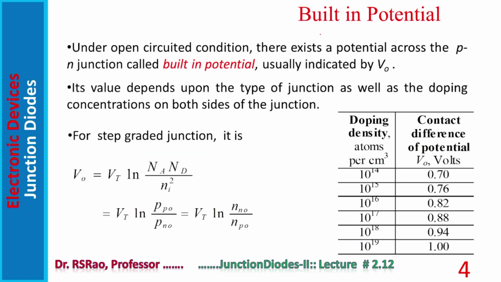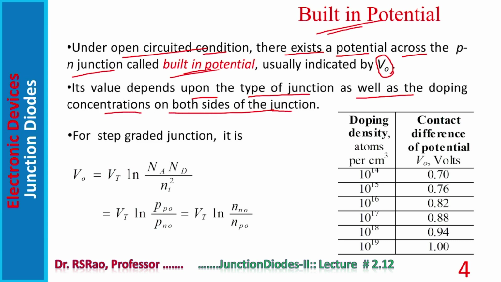A few points regarding built-in potential. Under OC condition, there exists a potential across the PN junction, and this potential is called built-in potential. As already mentioned, it is indicated by V0. Its value depends upon the type of junction as well as the doping concentrations on both sides of the junction.